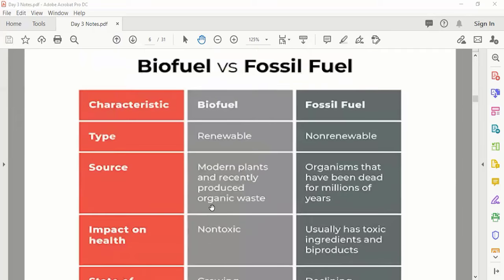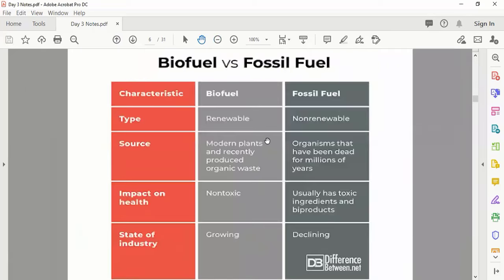Now see here. There's one more comparison we can do between them. Number one, biofuels are renewable. Fossil fuels are non-renewable. Source: biofuels come from plants and are recently produced from organic waste, which comes from animals.